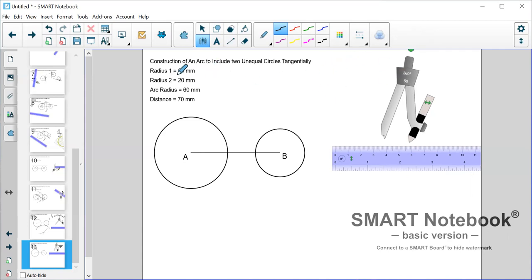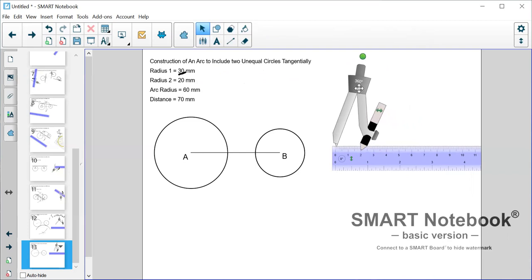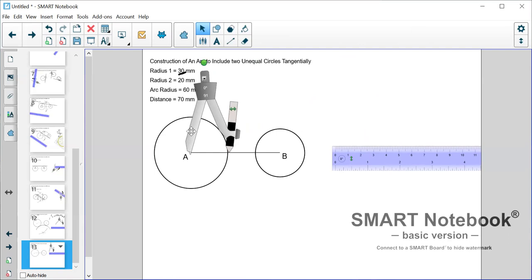So we're subtracting R1, which is 30, from the arc radius, which is 60. Thirty subtracted from 60 will leave you with 30, so you simply use a length of 30 mm and you draw an arc from A.